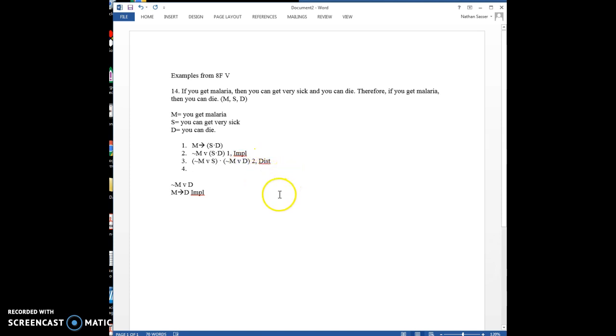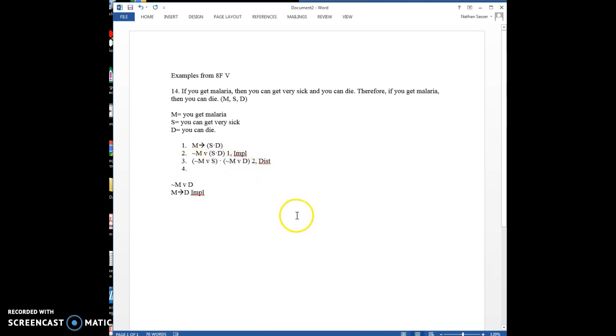Now, here's a cool thing that I see. I'm trying to get to this. Well, I see it already embedded here. It's one of the conjuncts in this conjunction statement here.